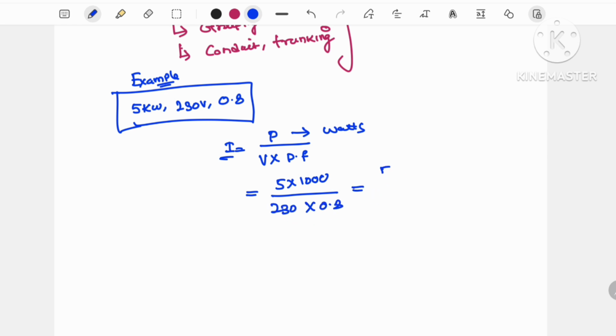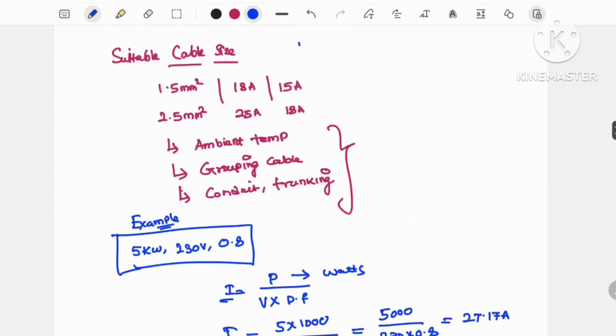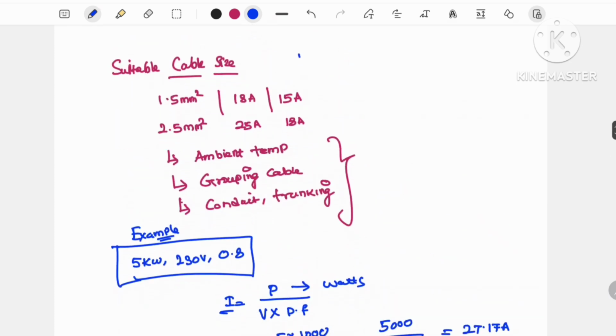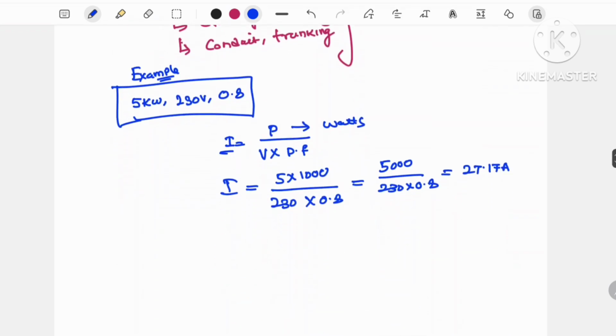So now 5000 divided by 230 into 0.8, the final I equal to 27.17 amps. We already discussed that 2.5 square mm is capable of 25 amps, but we need 27 amps.